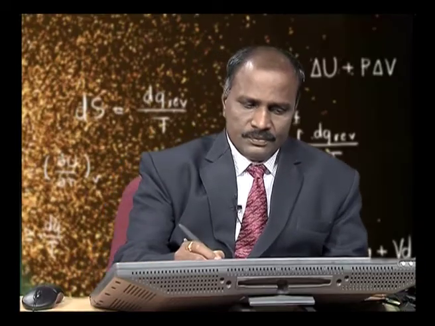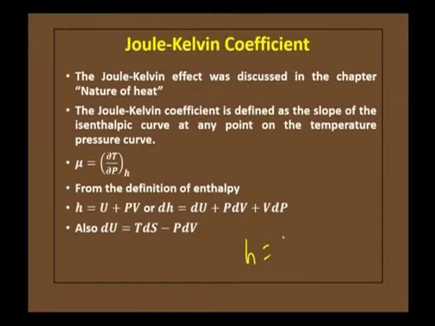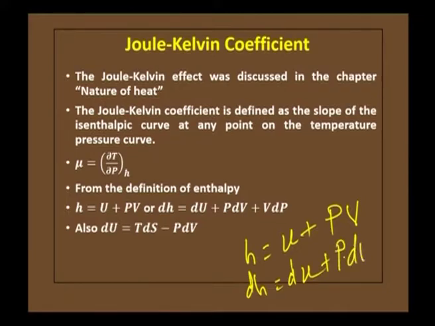Let us take this equation and differentiate it. Differentiating H, it leads to dH is equal to dU plus d of PV, which is P dV plus V dP.